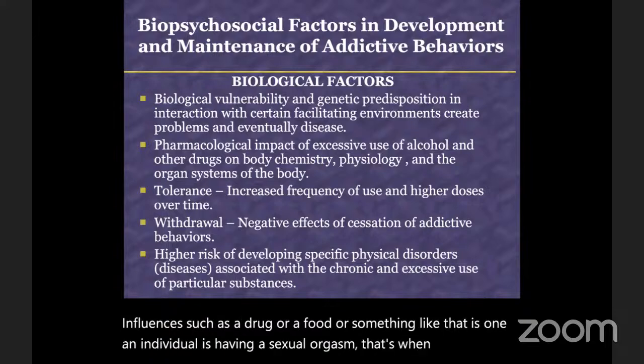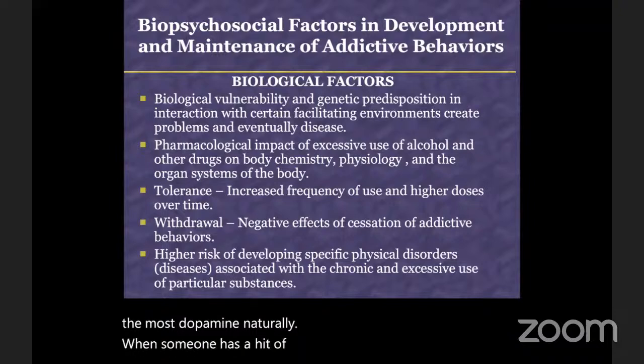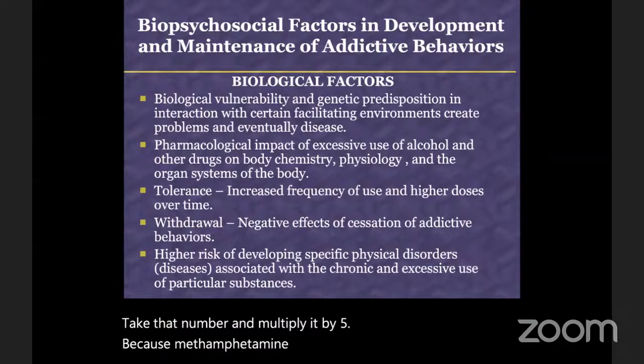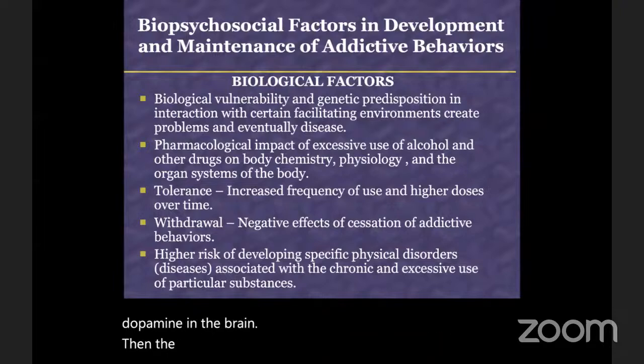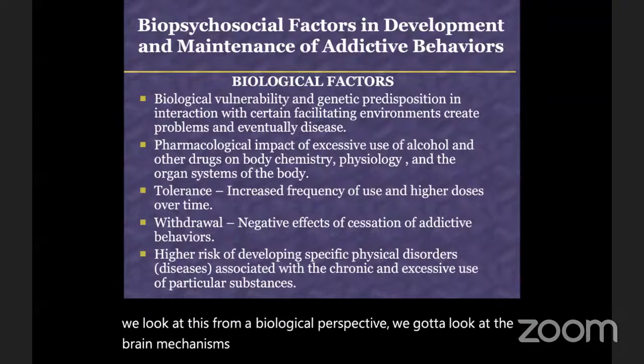That's when we produce the most dopamine naturally. When someone has a hit of methamphetamine, take that number and multiply it by 5, because methamphetamine produces 5 times the amount of dopamine in the brain than the act that we can most naturally produce it does. So when we look at this from a biological perspective, we've got to look at the brain mechanisms that are at play as well.